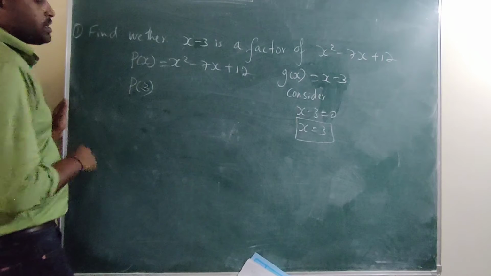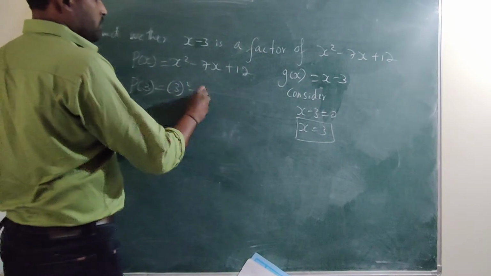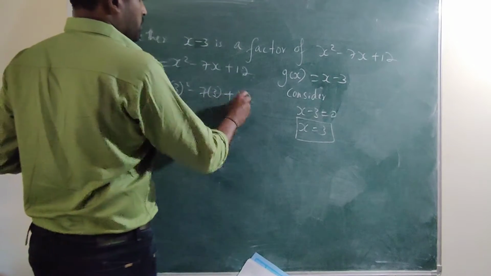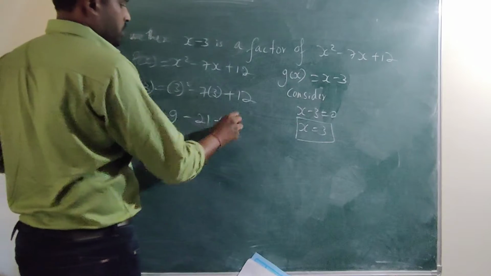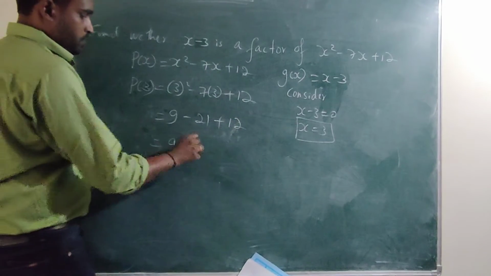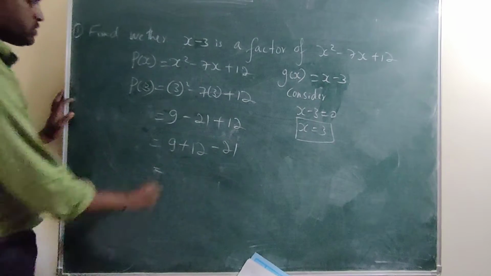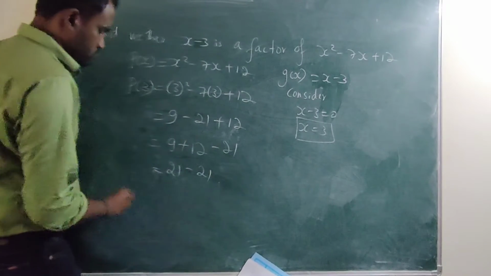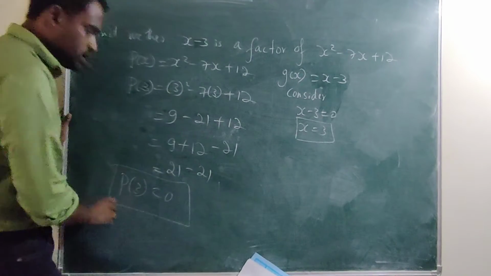Please apply that particular number here. X square means 3 square minus 7 into 3 plus 12. 3 3s are 9. 7 3s are 21, plus 12. 9 plus 12 minus 21. First positive numbers, 9 plus 12, 21, minus 21. P of 3 is equal to 0.